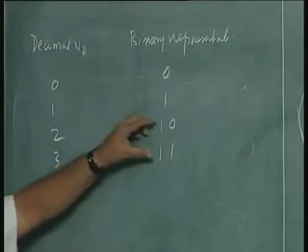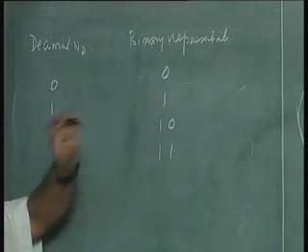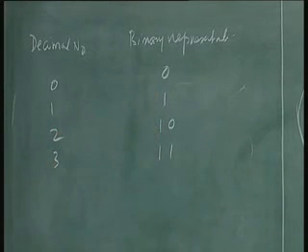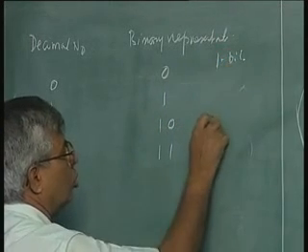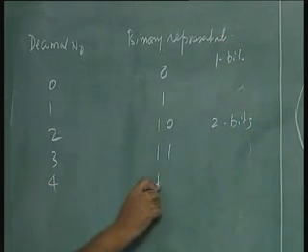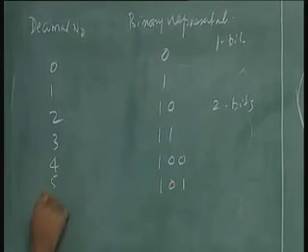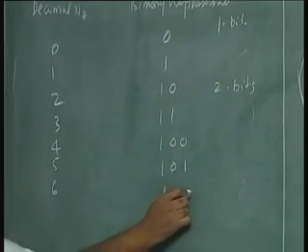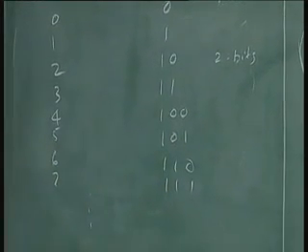So with two binary digits, a binary digit is called a bit. 1 bit will do, 2 bits, 4. A bit stands for a binary digit. Like that I can go on writing any number.